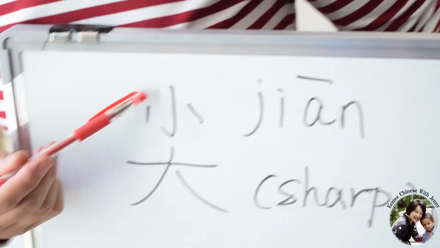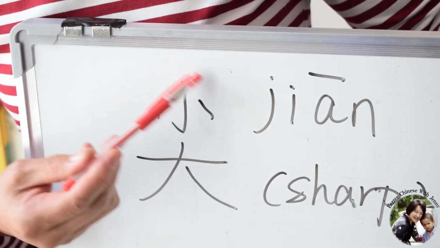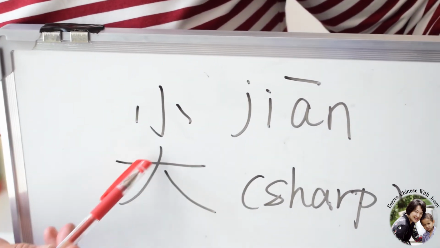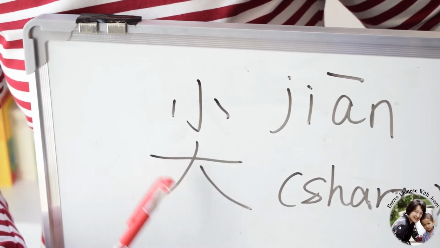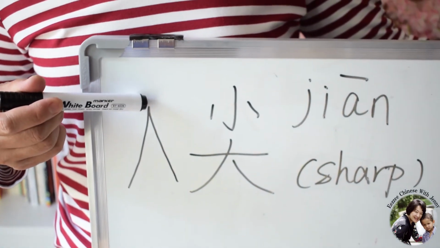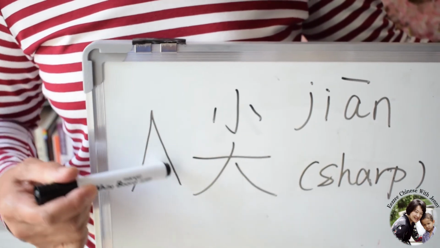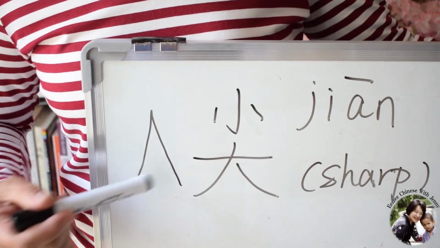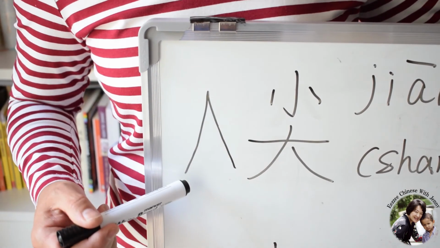Let's learn two more interesting words. First one, you can recognize on the top, this means small, right? 小. And the bottom means big, 大. If you imagine something with small on the top and big on the bottom, this looks like a sharp object, right?